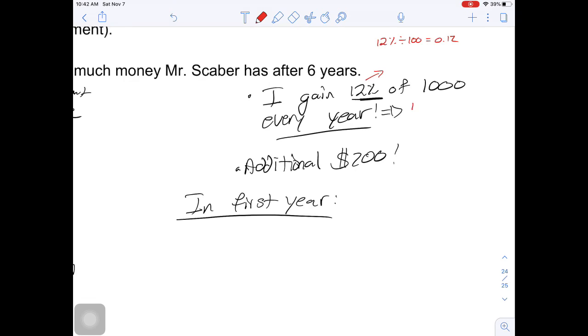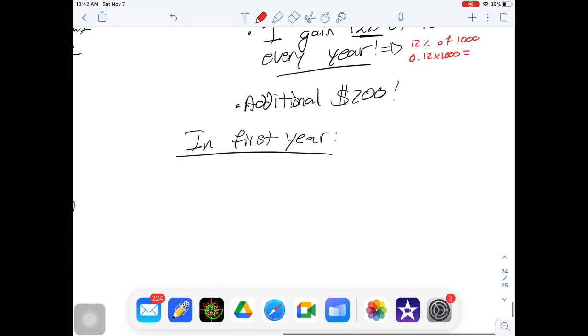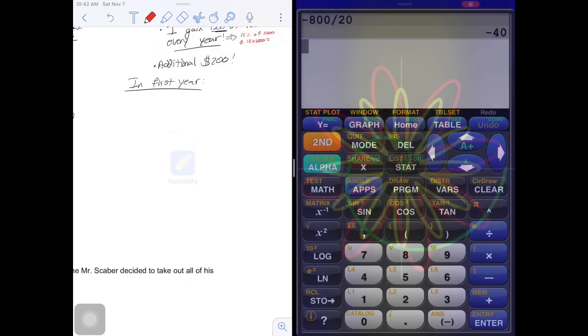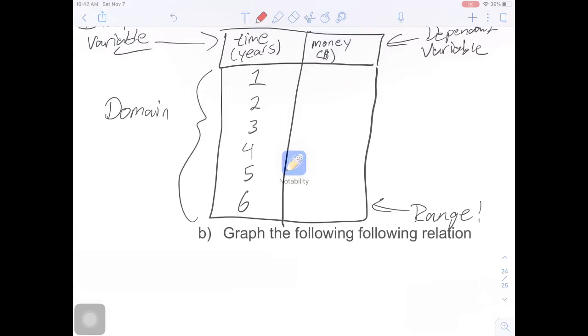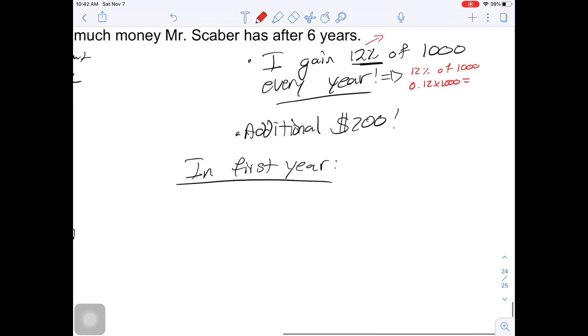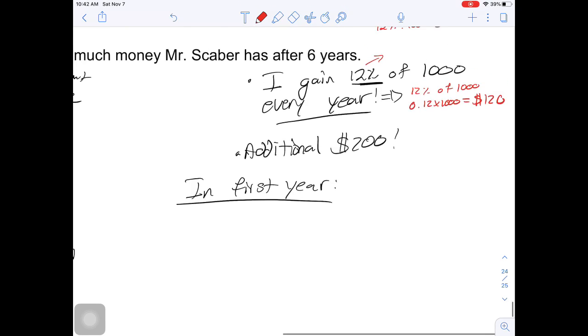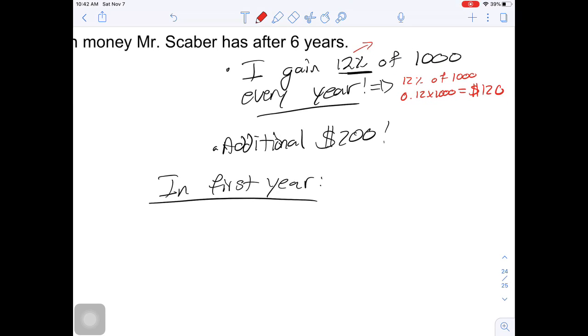So to figure out 12% of 1,000, that's 0.12 times 1,000. Let's figure out what that is. 1,000 times 0.12 gives me $120 every year. So here I get $120 every year I have my money in this investment.